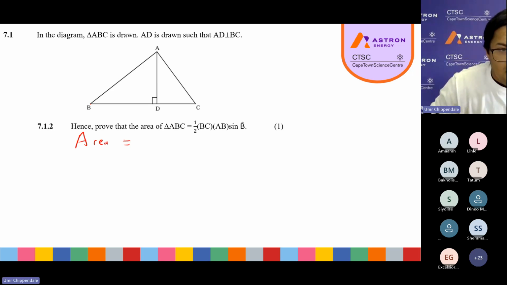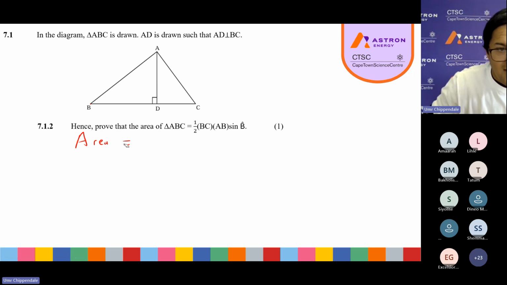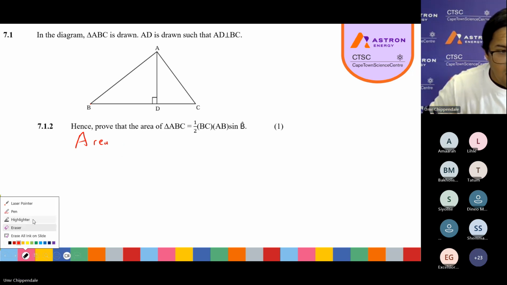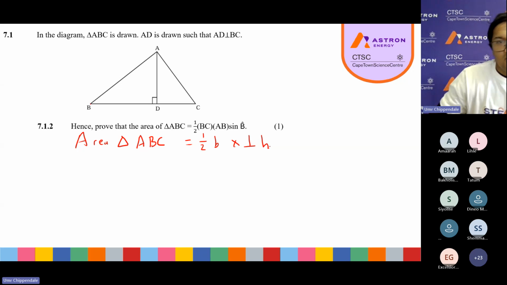Area is, let's specify which triangle we're working with as well. You don't want to get marked down. So the area of triangle ABC, which is our entire one, is equal to a half base times your perpendicular height.